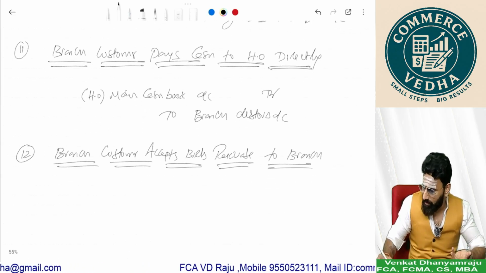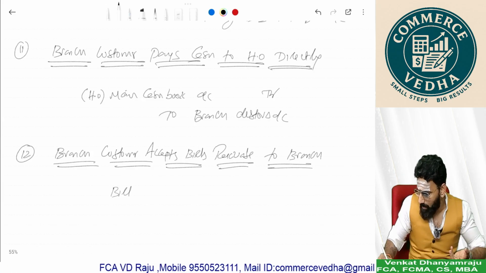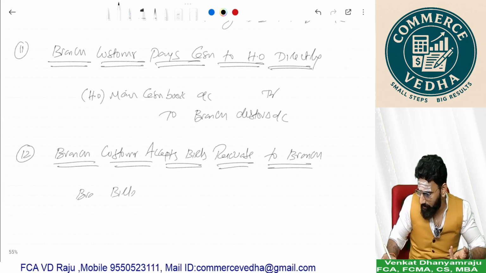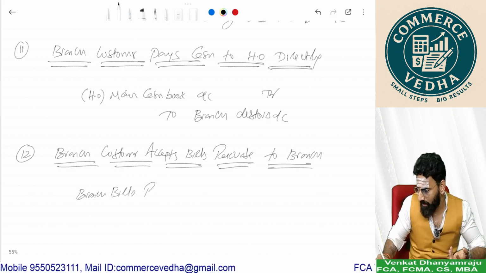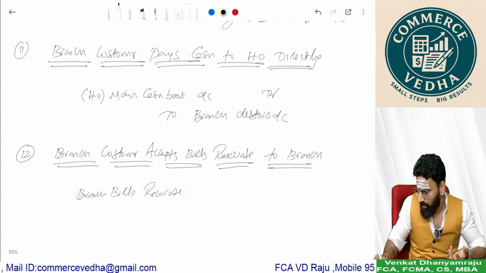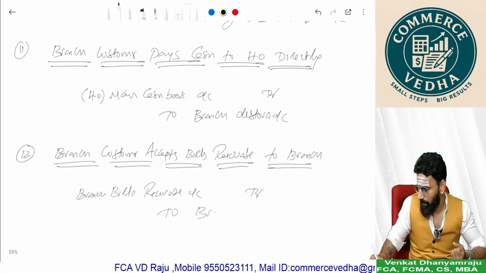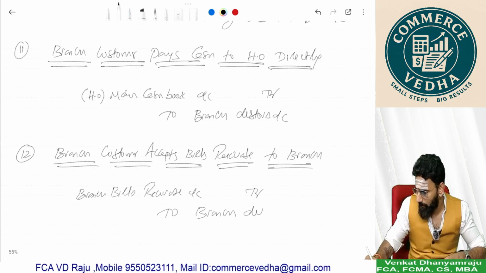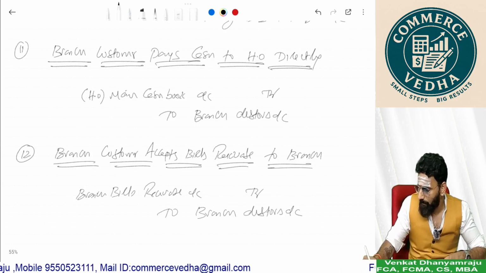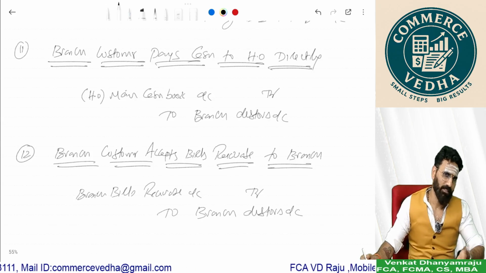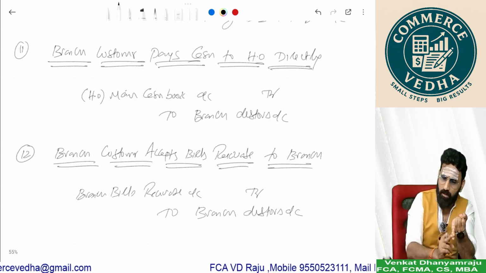So the entry is simple. Branch bills receivable account, asset, right? Debit to, who gave you? Branch debtor.